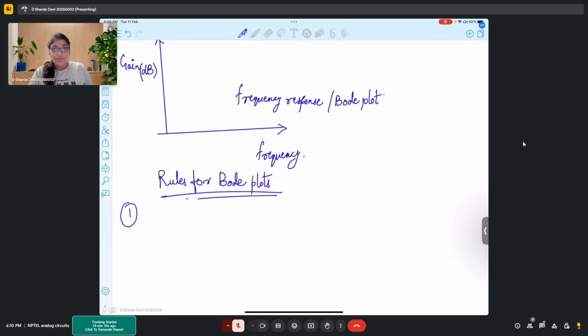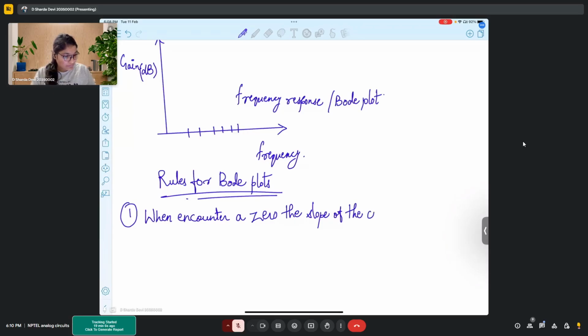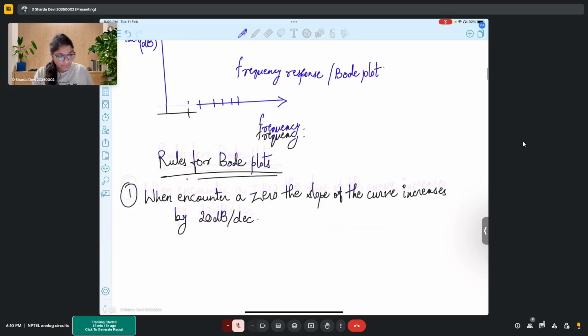First, when we encounter a zero in the frequency response, the slope of the curve increases by 20 dB per decade.